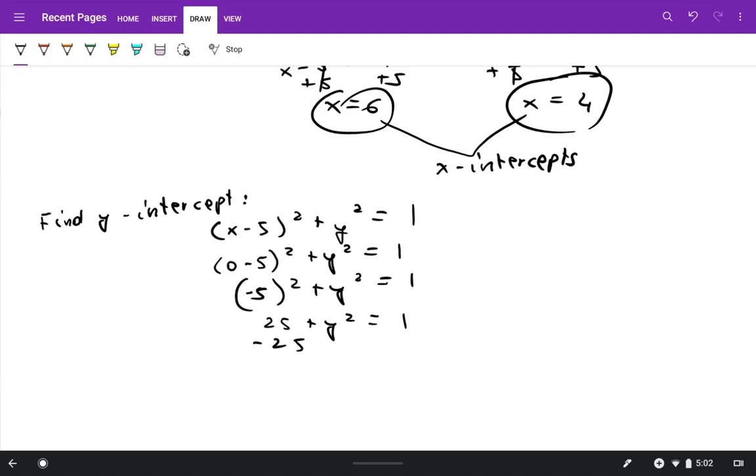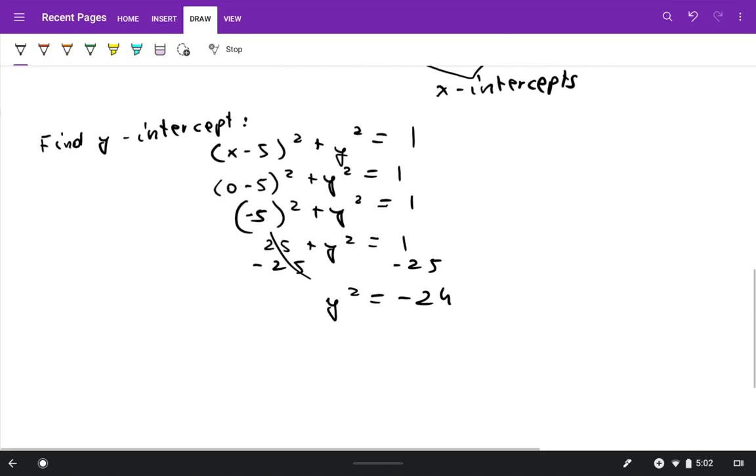Subtract 25 from both sides, and we're getting y squared equals negative 24. And this is not true, so stop. There's no way that any number brought to a second power will be negative. Also, if you try to take the square root of both sides, the number under the square root has to be positive.